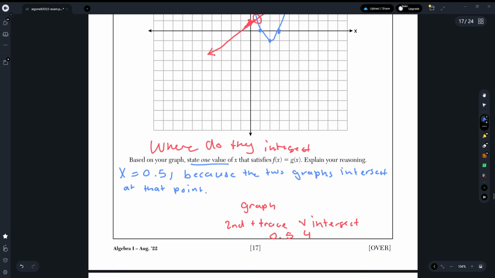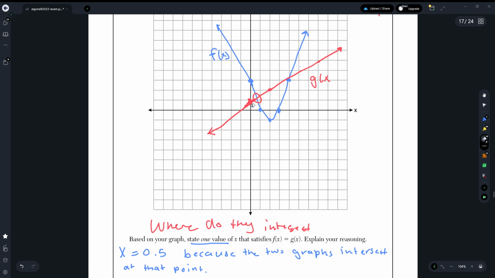That's all I need for full credit. X equals 0.5 because the two graphs intersect at that point, right? And this point actually was 0.5, and that's all.